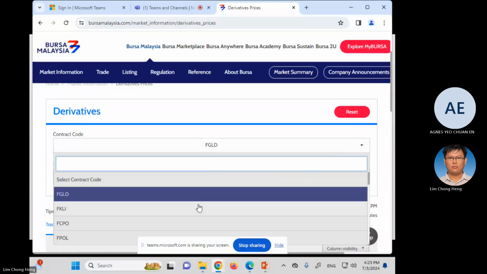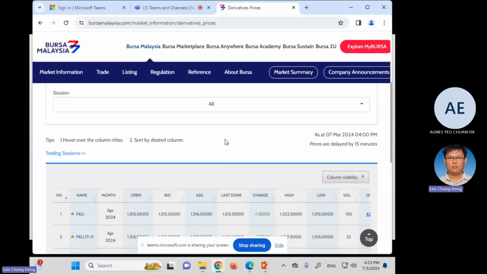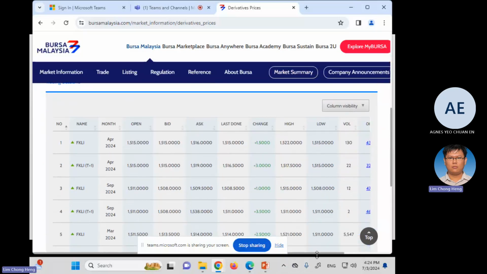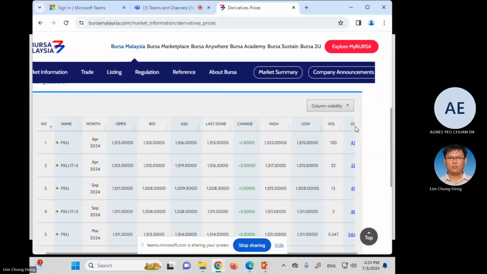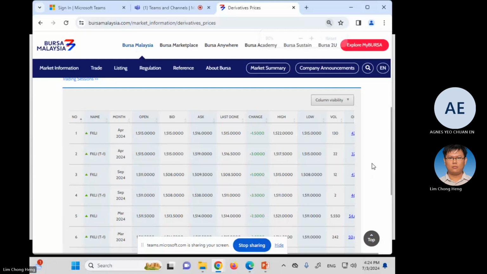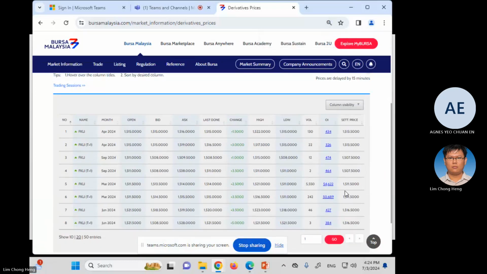KLCI and CPO. You see KLCI? How to make it larger? Okay, for the current month, you can still see 50,000 to 54,000 transactions in the market. The rest, few hundred only.